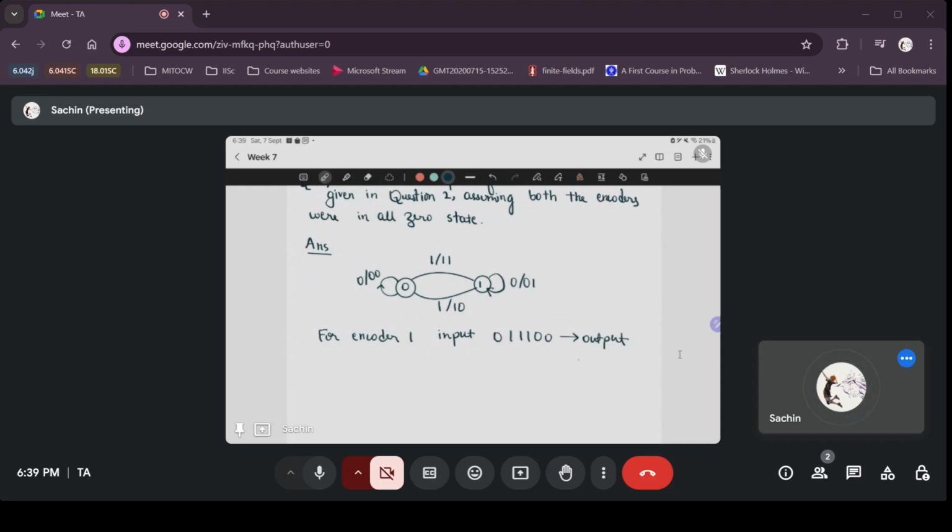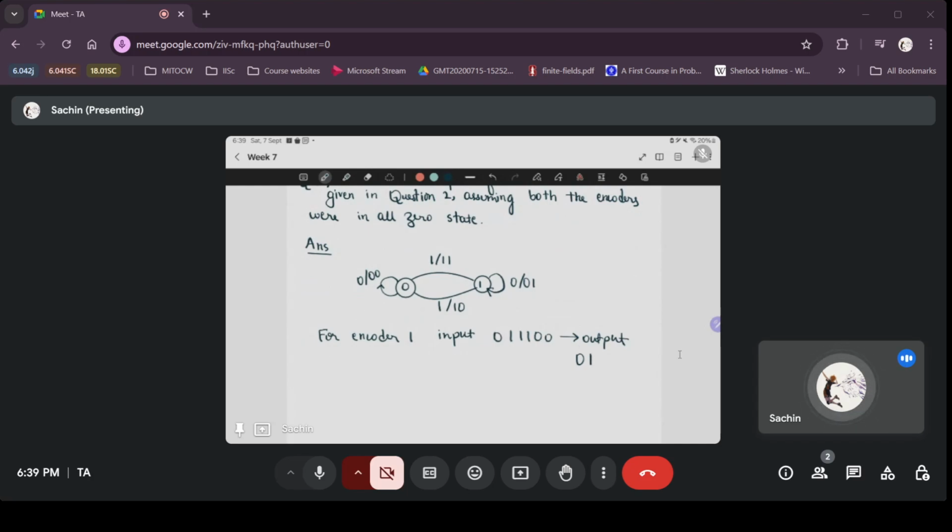So you get 0, 0. And if you take only the non-systematic part of that, it will be 0. Now you're still in state 0 and your input is 1, so you'll go to state 1, your output will be 1.